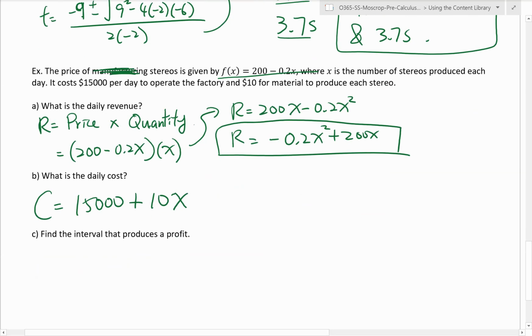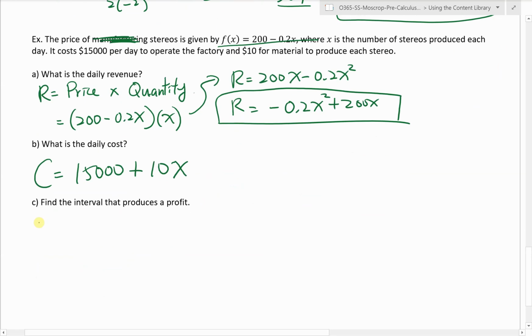Okay. Finally, we are looking for the interval that produced the profit. So then finally, we need to know what the profit equation is. Profit is however much money we get. So revenue minus, well, how much we have to spend to get that amount of money, right? So minus the cost.